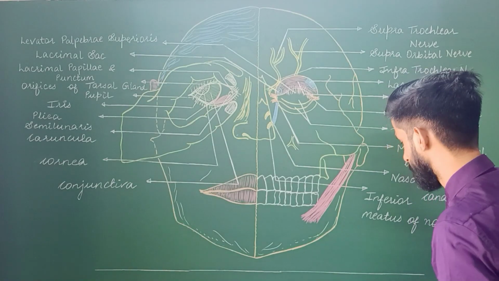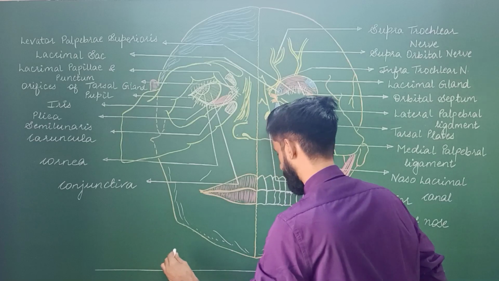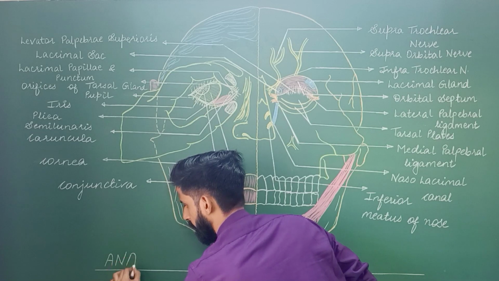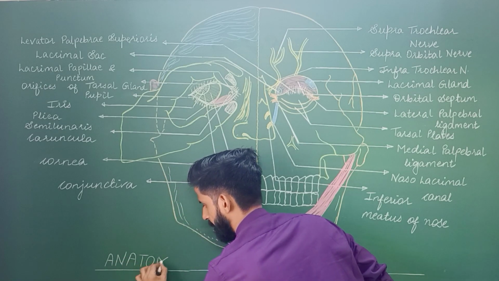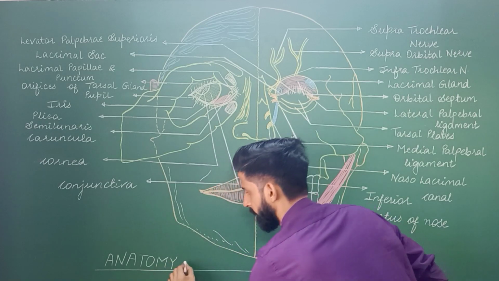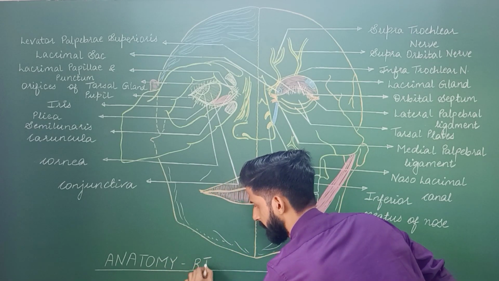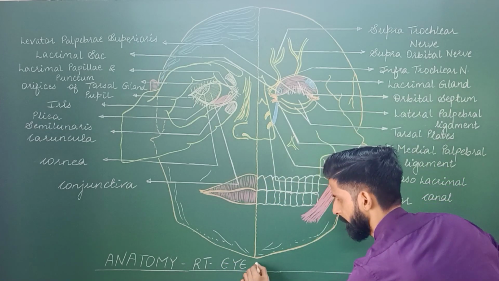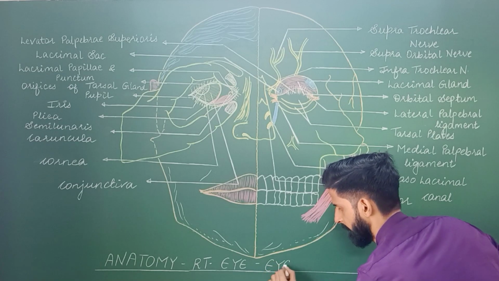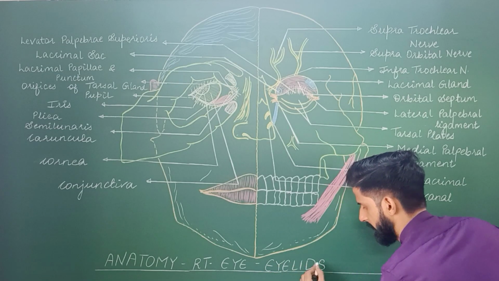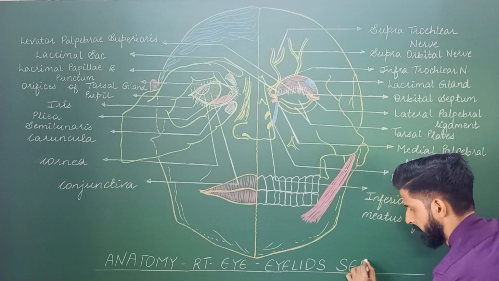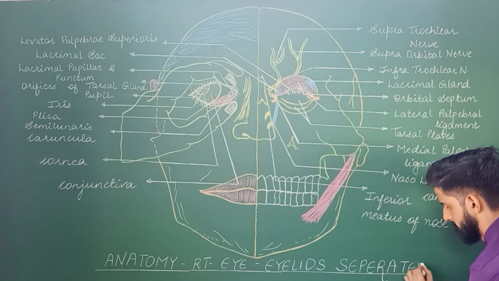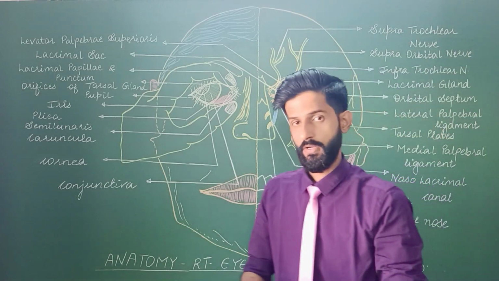In this diagram what we have seen is, this is the structure of right eye, anatomy of right eye. So this is the anatomy where we are focusing on right eye with eyelids separated. Alright, take a screenshot of this.